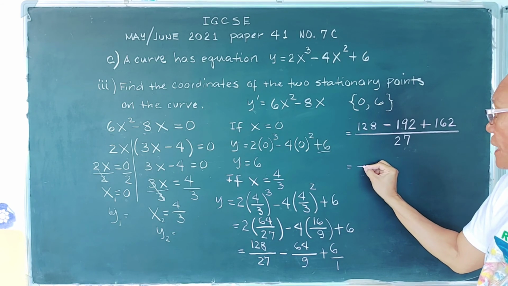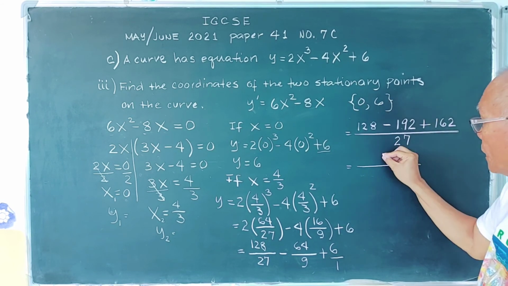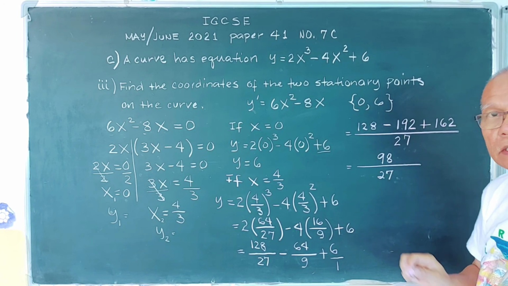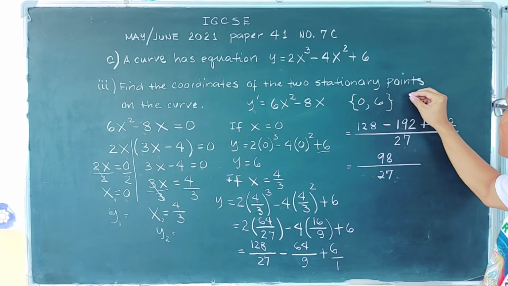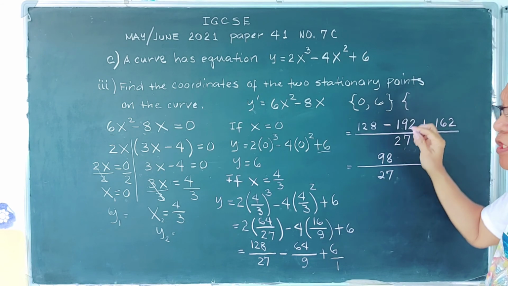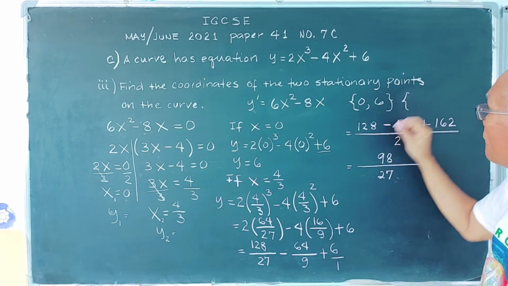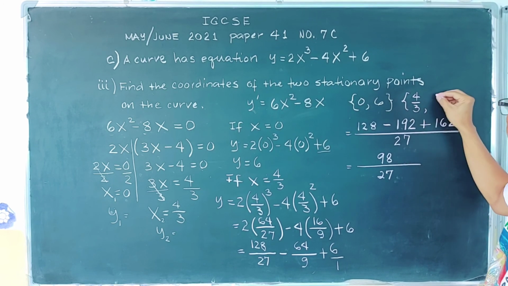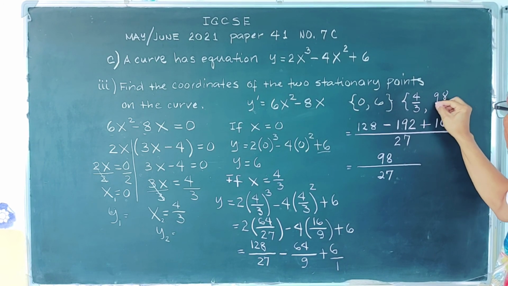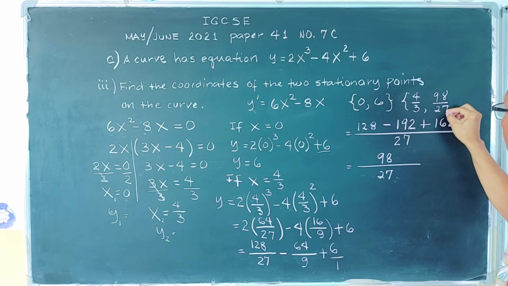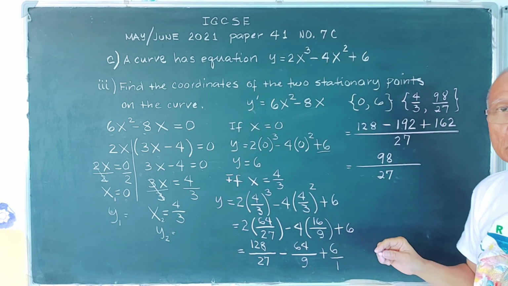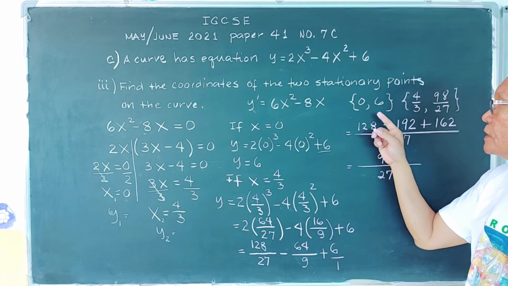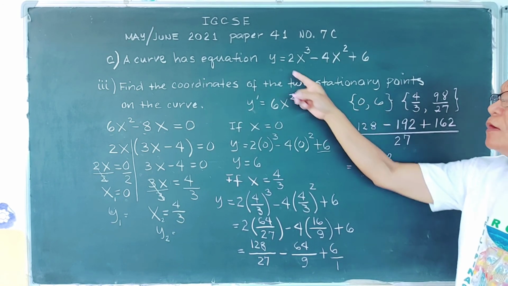And then we can add this, 98 over 27. So the second stationary point is x, 4 over 3. Then our y is 98 over 27. And we have the coordinates of these 2 points, which are the stationary points of our curve.